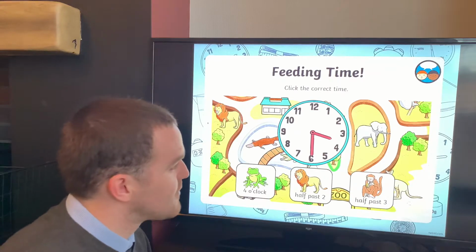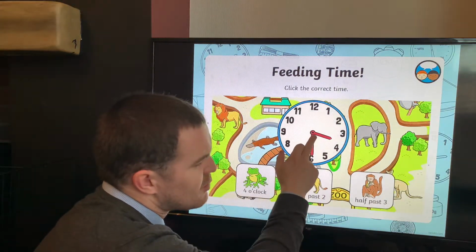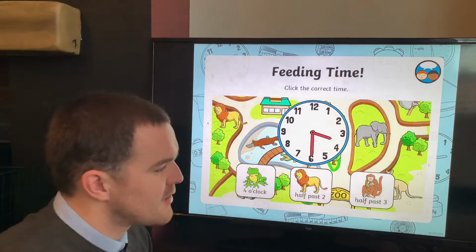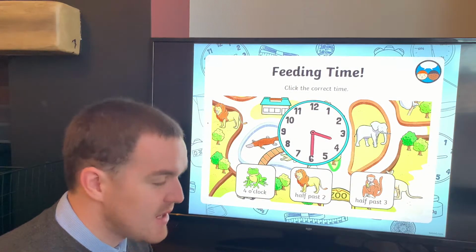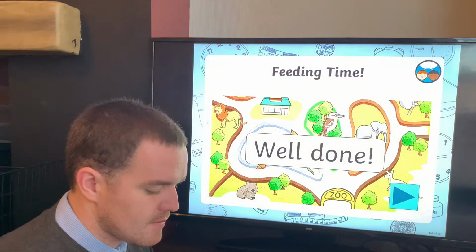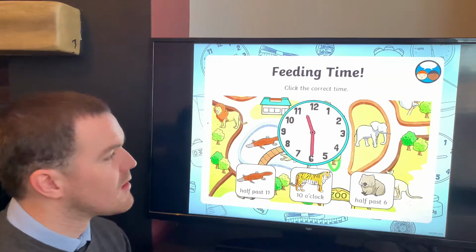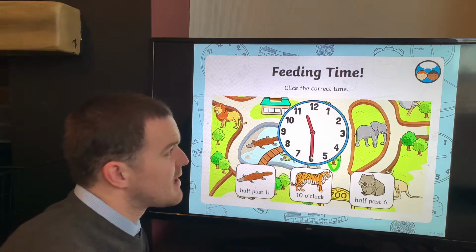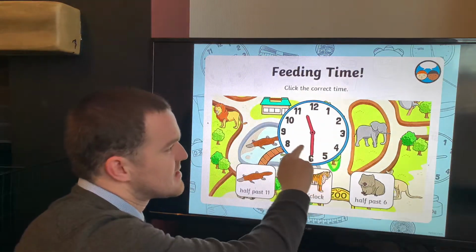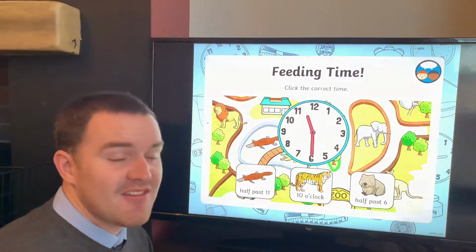Okay, let's look at our time. So we have half. We're in between 3 and 4. Which number have we gone past? Well done if you spotted it's 3:30. It's the monkey. Okay. So this one we are half and we're in between 11 and 12, but we know we're ticking, so we've just gone past 11, 11:30.